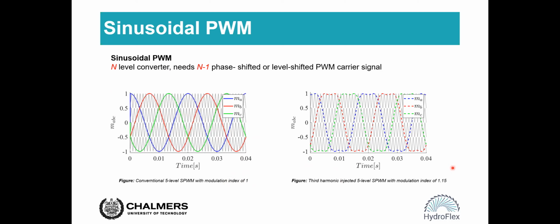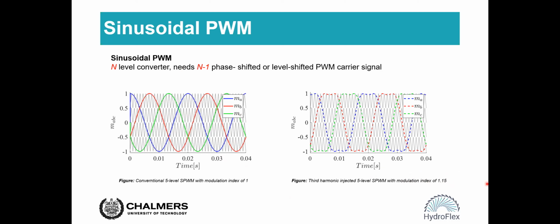So on the right side is the modulation waveform for the third harmonic injected 5-level sinusoidal PWM converter. And the maximum modulation index can reach 1.15, which means a 15% increase in the modulation index compared with this case. And we can still get a sinusoidal output from the converter.